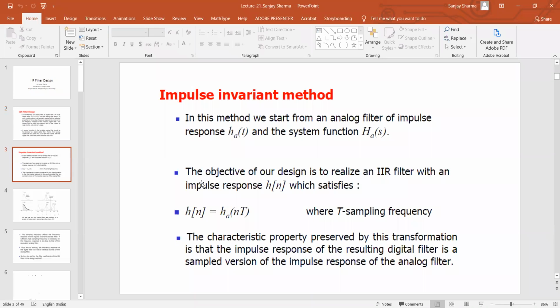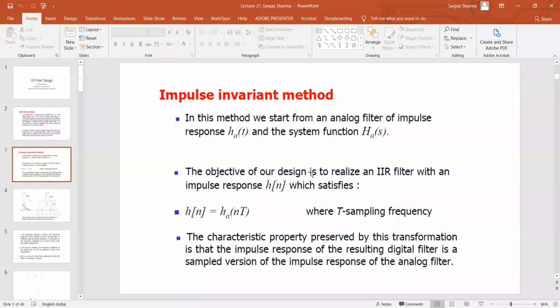Now let us look at what the impulse invariant method is. In this method, we start from an analog filter of impulse response h_a(t), and the system function is H_a(s). That is the usual practice when designing analog filters to digital filters.